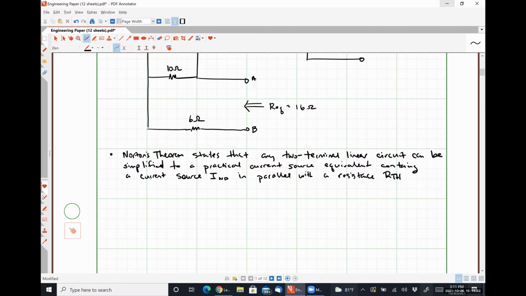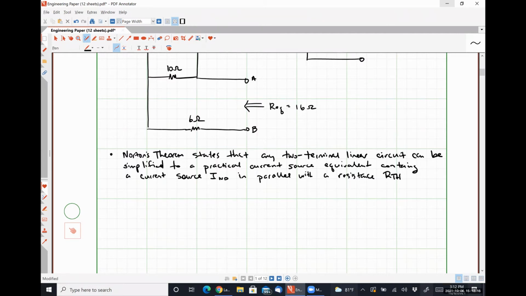R Thevenin, right? So technically, it's in parallel with a resistance R Norton, but the definition for R Norton and R Thevenin are identical, so you actually never see R Norton anywhere, okay? So the rules for determining the Norton equivalent resistance are exactly the same as the rules for determining the Thevenin equivalent resistance. All right.